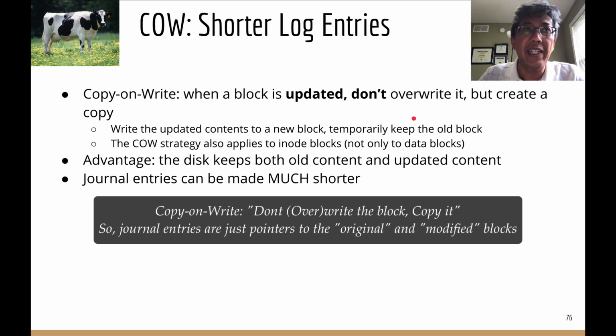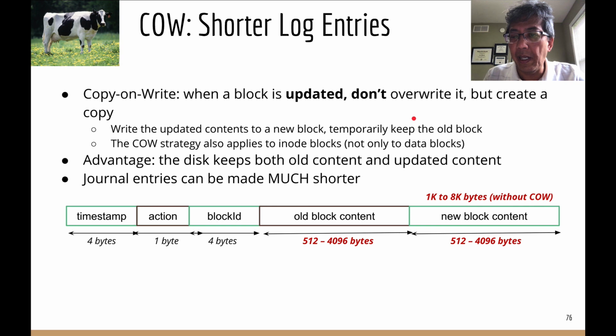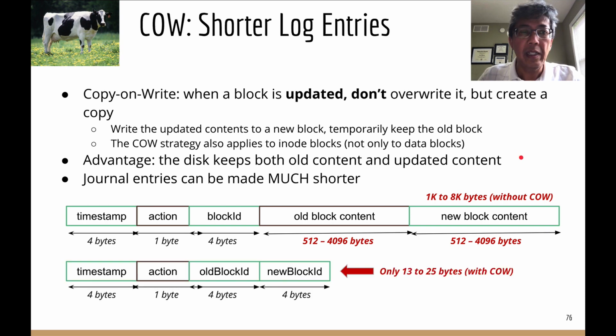Using this idea, the journal entry will shrink from a big number like 1K to 8K in size to only a few bytes. We don't have to copy the block content into our journal entry, but instead, we will include the data blocks as part of the journal entry itself.